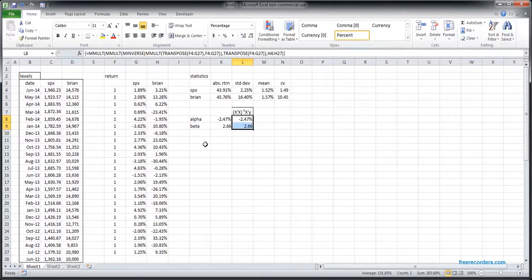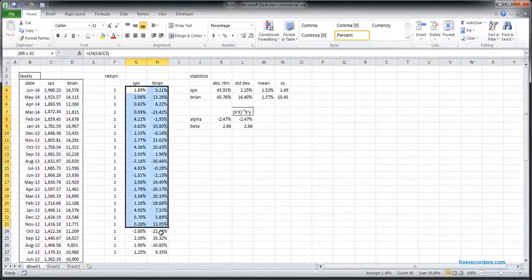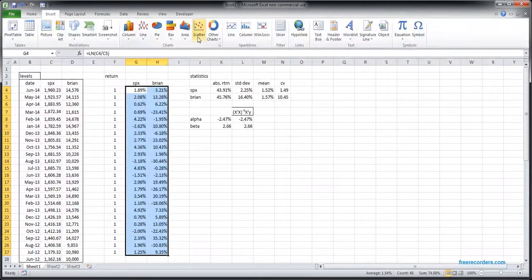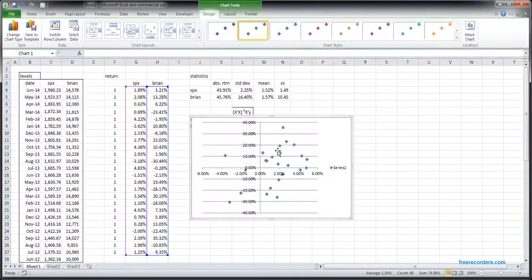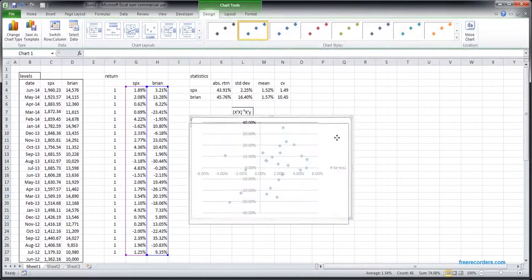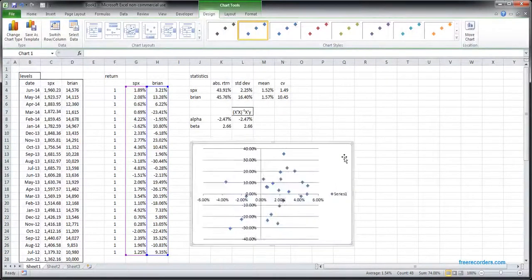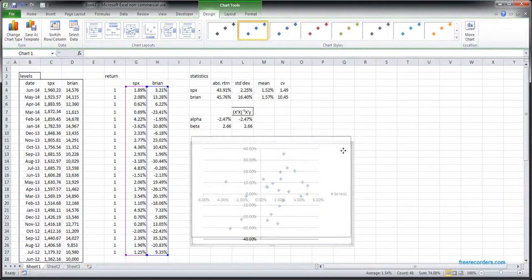That's interesting. One other way you can do this is by creating a scatter chart. You can do insert, scatter, dots, and essentially you've plotted the relationship between your x and y variables.